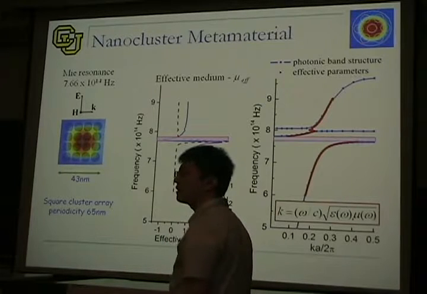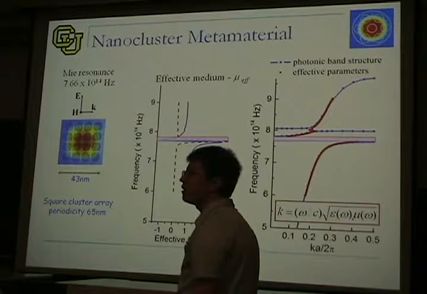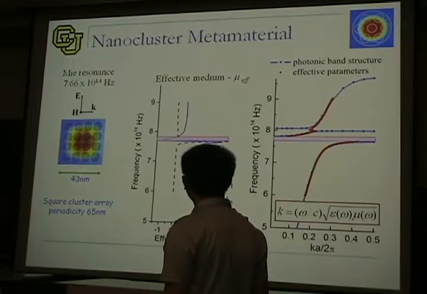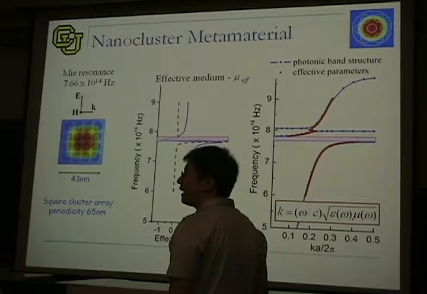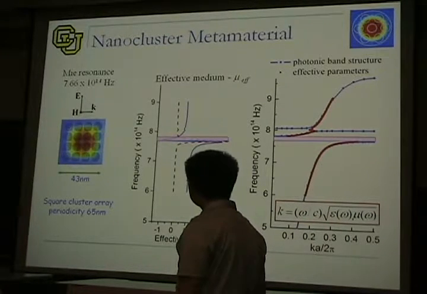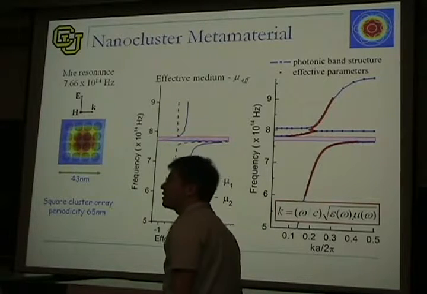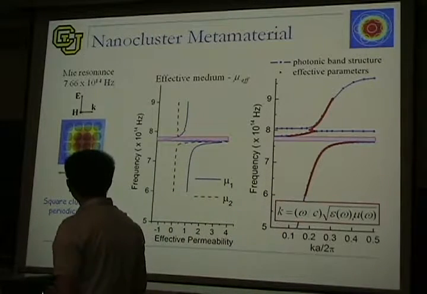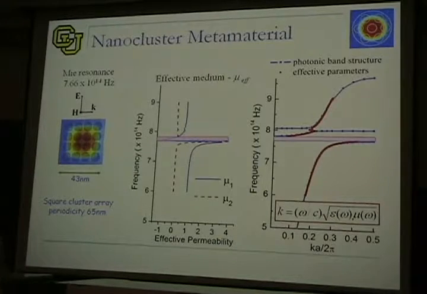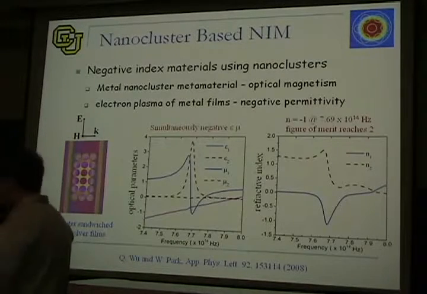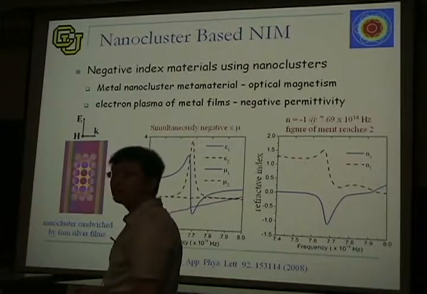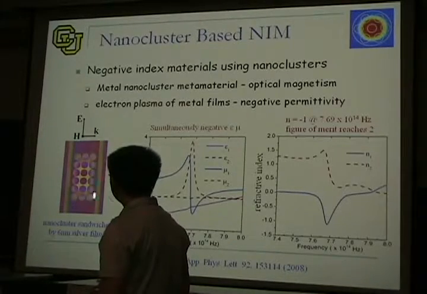One of them is calculated by solving the eigenmodes of this photonic band structure, and the other is simply using this formula. This shows it's valid to use the effective medium description to describe our magnetic metamaterial. Now we have these magnetic metamaterials using these nanoclusters.